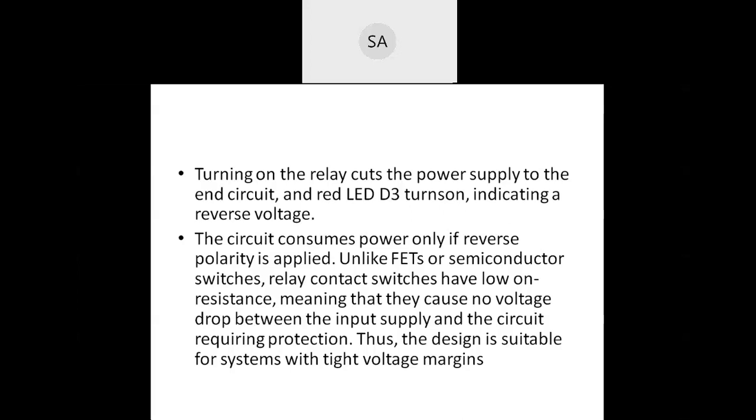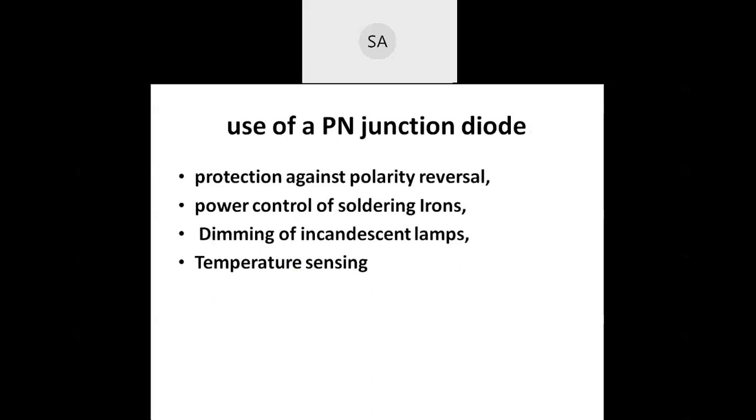To protect the circuit, it requires protection where there are no losses in the input circuits, with no resistance or low ohmic resistance. Next, the second application is the power control of soldering irons.